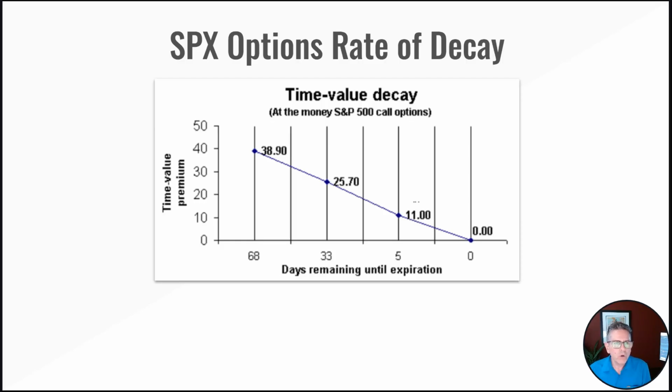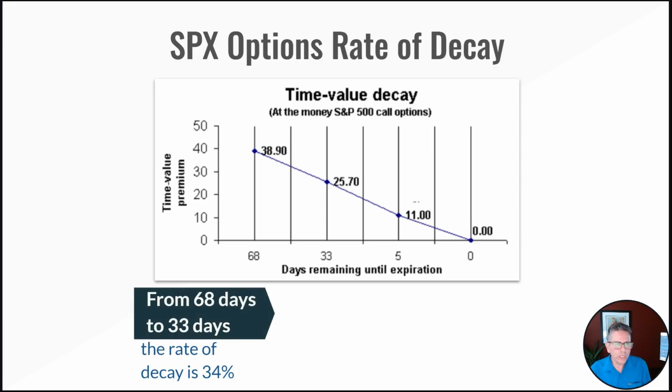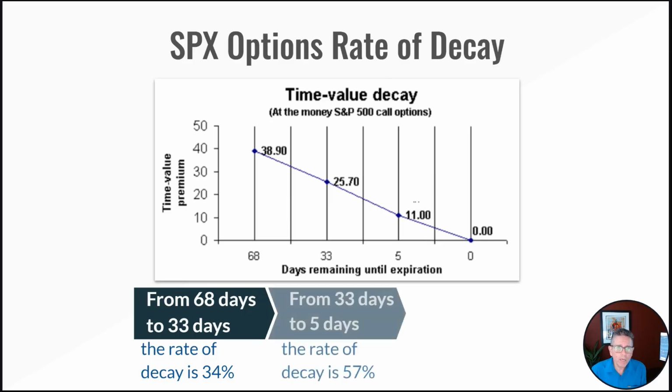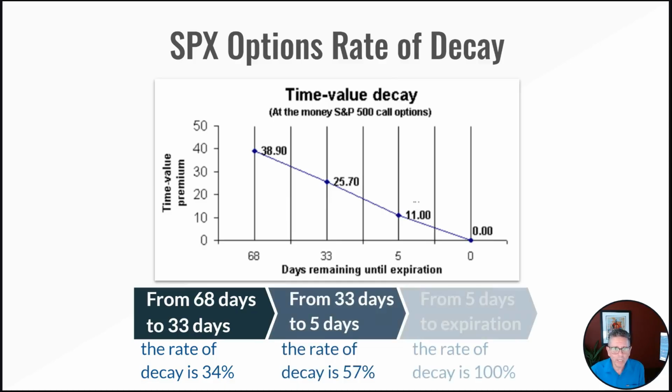From 68 days to 33 days, the rate of decay is 34%. From 33 days to 5 days, the rate of decay is 57%. And from 5 days to expiration, the rate of decay is 100%. So you see, over a couple of months, it generally moves in that direction.